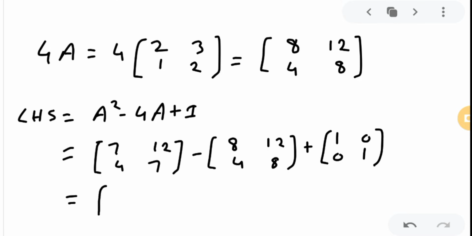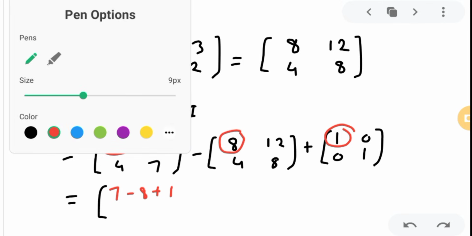So if I solve this, then corresponding element minus corresponding element, correct? This is corresponding to this, and these three are corresponding elements. So I will write 7 minus 8 plus 1. Similarly, this 12 is corresponding to 12 and 0. I will use different colors so that you can identify.